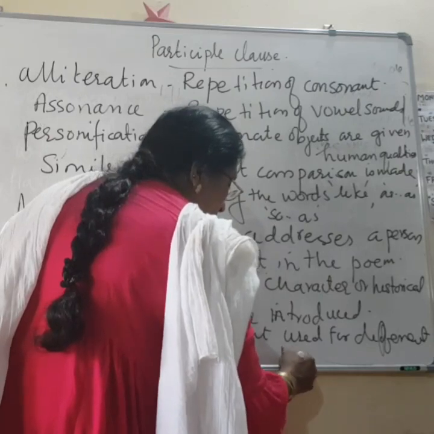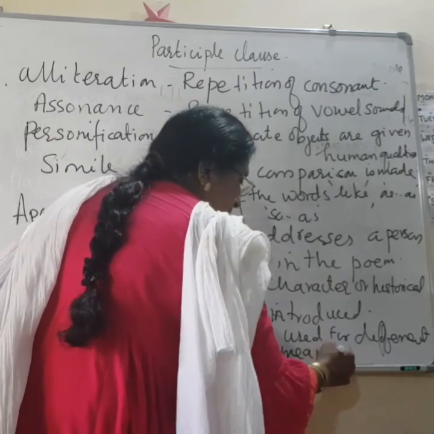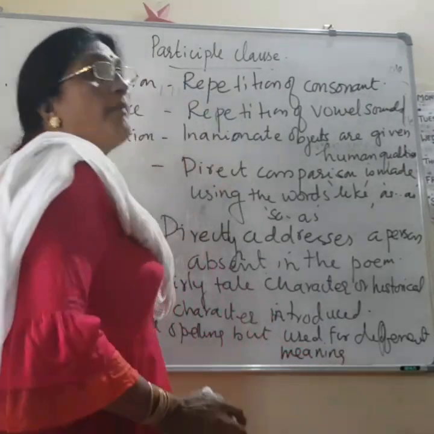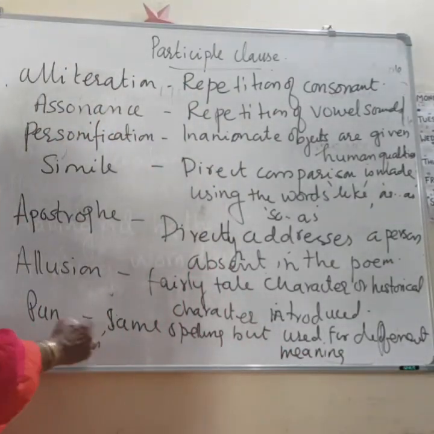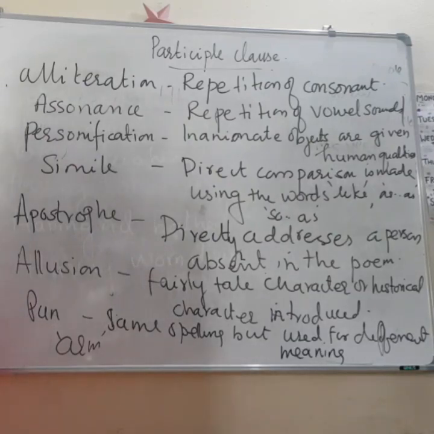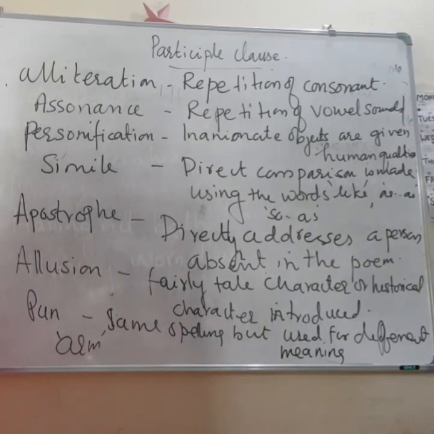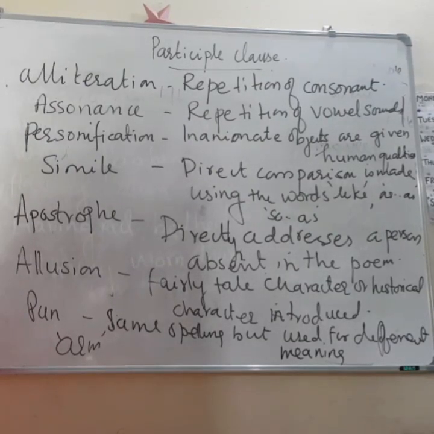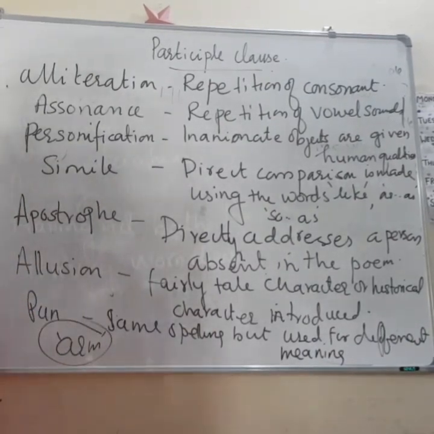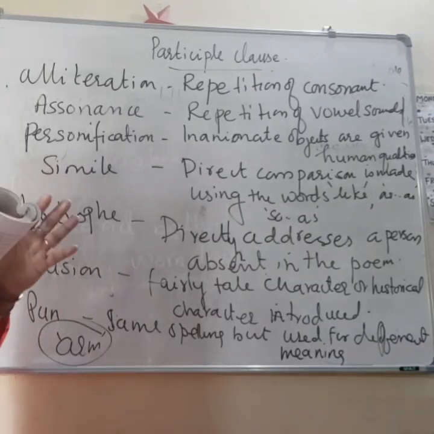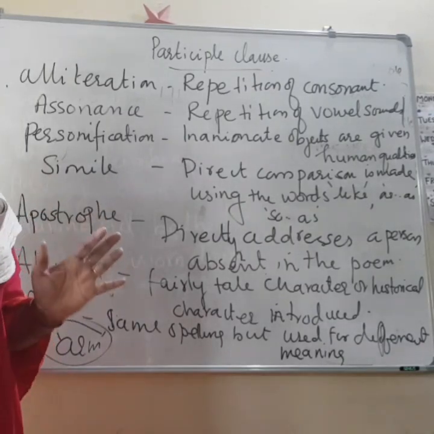That is called pun. If I say arm, A-R-M, arm is one of the body parts. And if you say arms and ammunition, then it is weapons, isn't it? For that also we use the same spelling, arm. Same spelling, but different meanings.